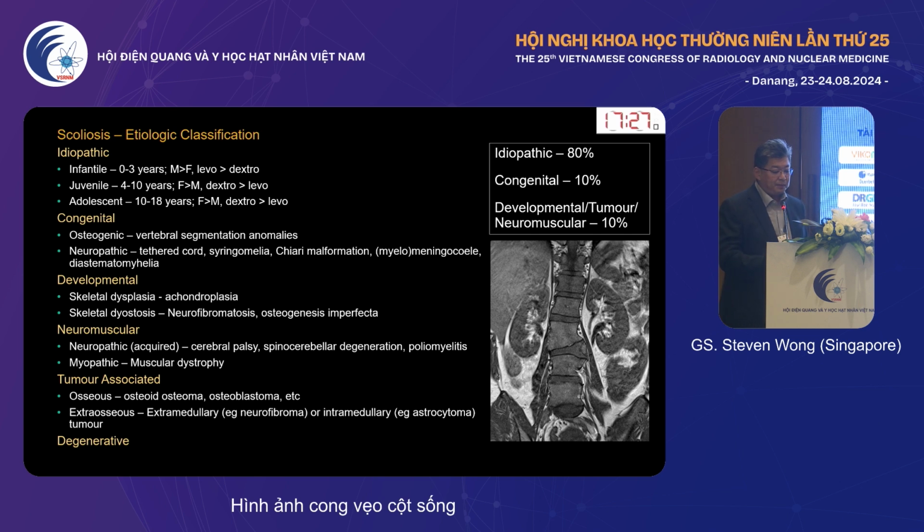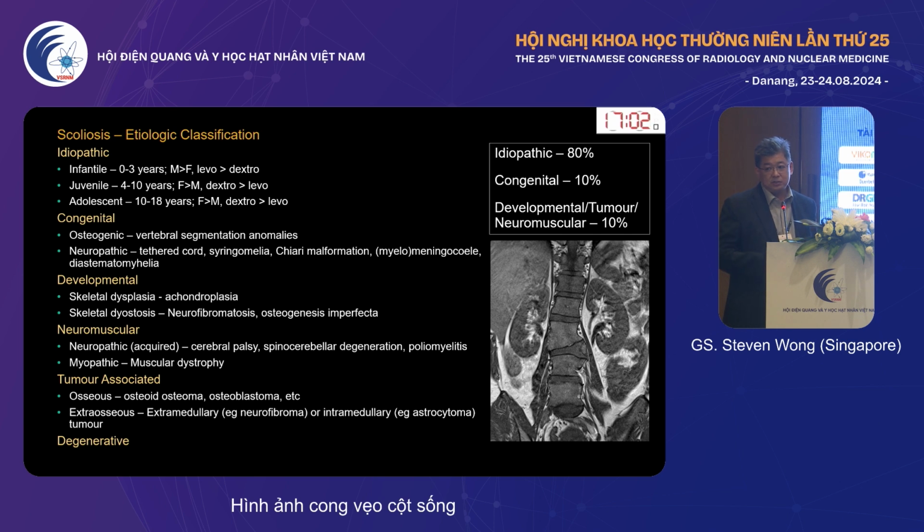Etiology: idiopathic is the most common, then congenital. There's also developmental causes, patients with dysplasia, achondroplasia, neurofibromatosis, patients with neuropathic or myopathic problems, muscular dystrophy, muscle wasting from neuropathic problems, and also those with tumor or infection.